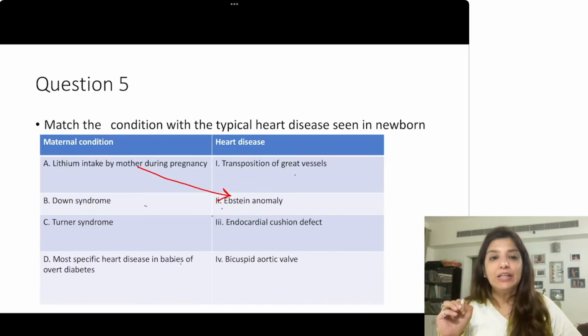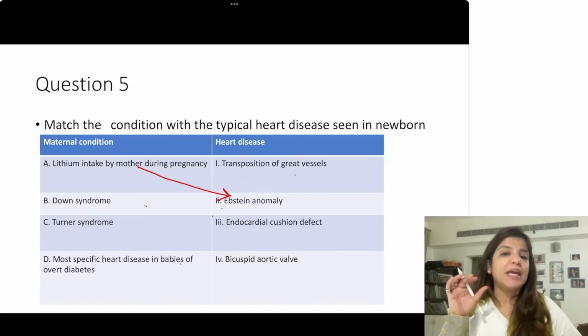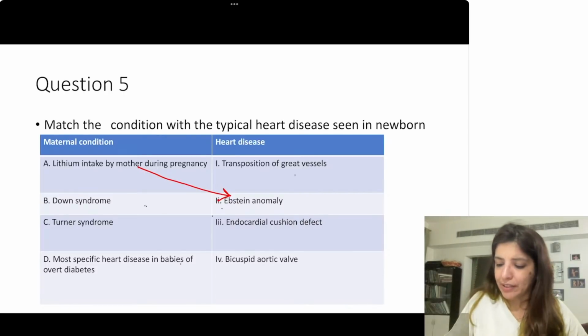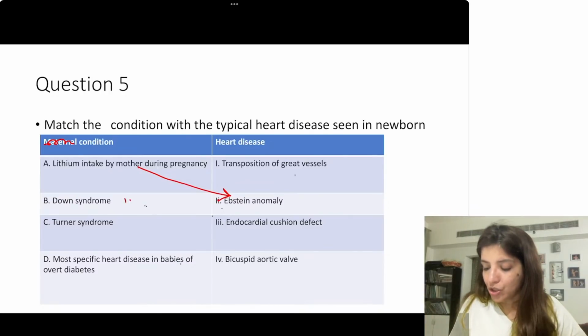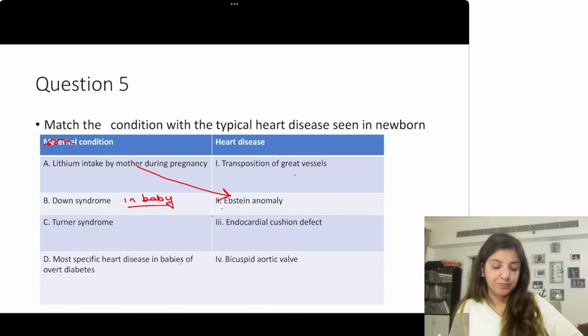Right. Now in Down syndrome, if a baby has Down syndrome, this is not a maternal condition, it is just a condition and heart disease. So if there is Down syndrome in the baby, what heart disease do you get? In Down syndrome, what heart disease do you get? Excellent.